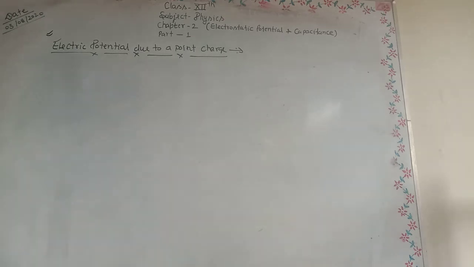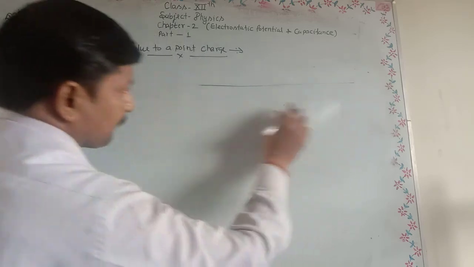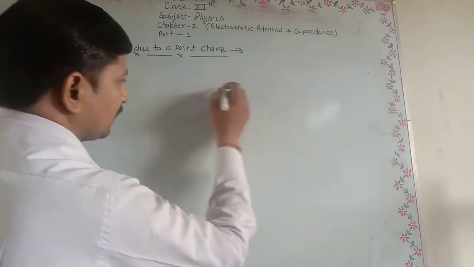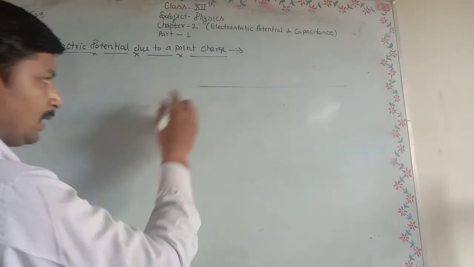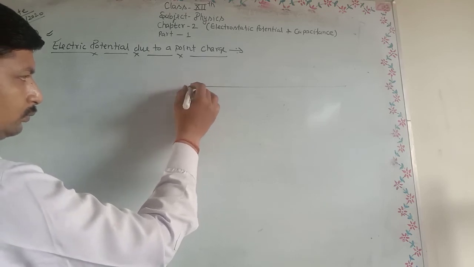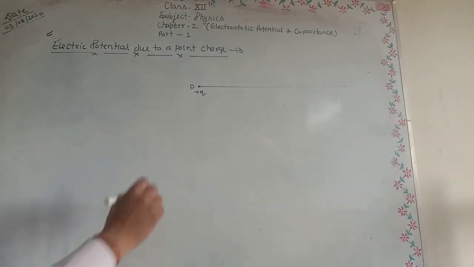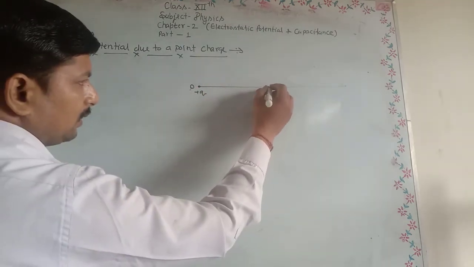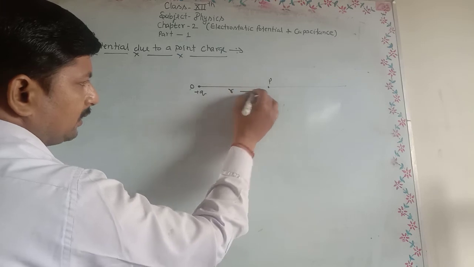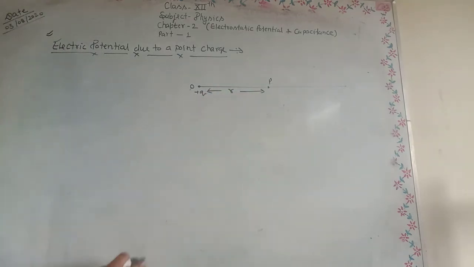So students, a point O has a plus Q charge. A point P is at a distance small r from the plus Q charge.